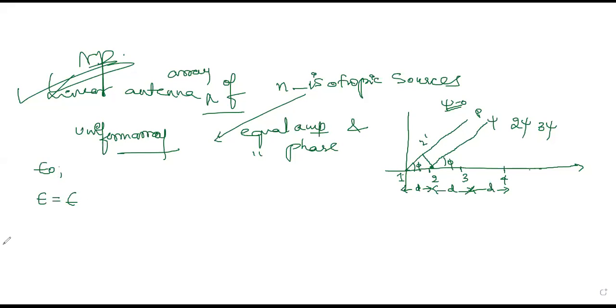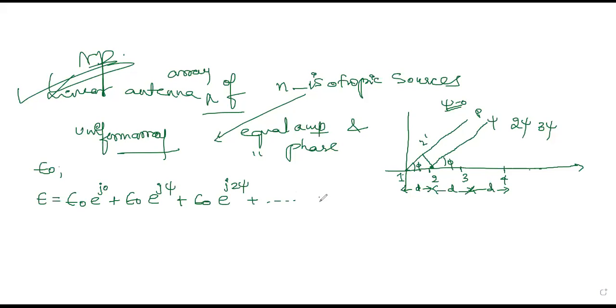So we'll write E0 as the magnitude of the first source, and e to the power j, it is at the origin, so this will be 0, plus the second source E0 e to the power j, the phase angle for the second source is xi, so it will be j xi, plus E0 e to the power j 2 xi, and it will go on continuing.